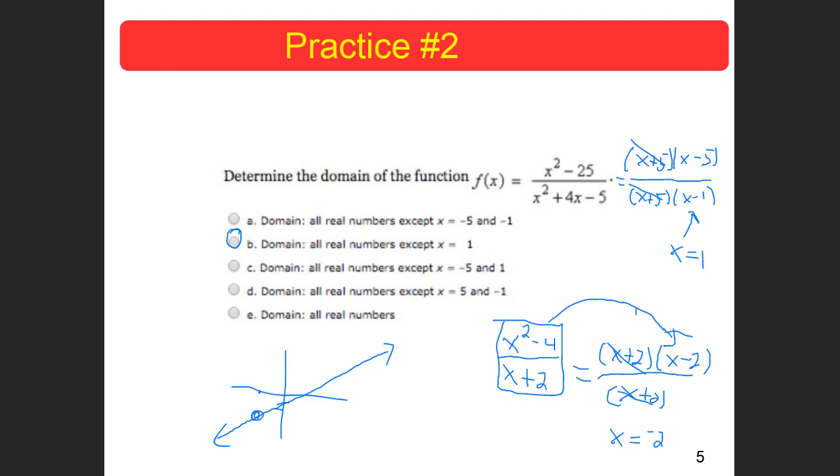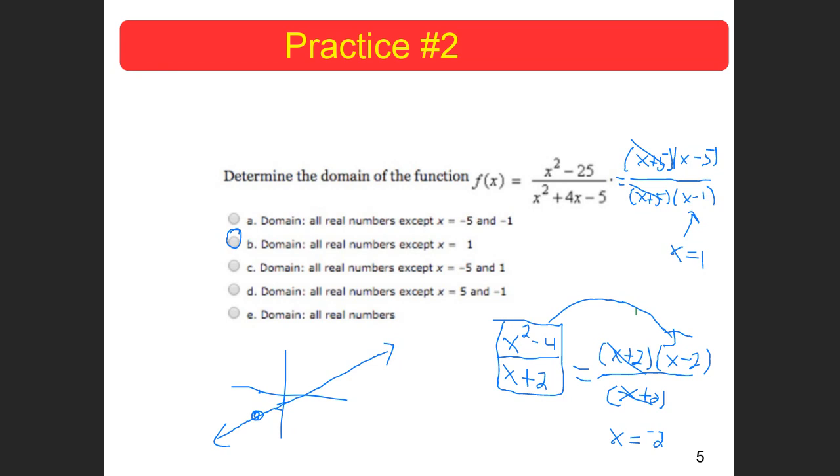So it's this graph with a hole in it. It's kind of an interesting concept with graphing. This looks like something really tough to graph, but in reality, it's not.